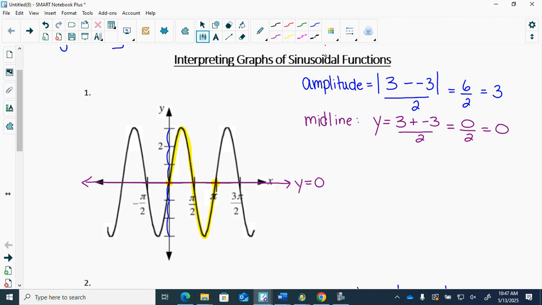Okay? So, this starts at 0, and we go till what? It's pi. We go till pi. Because this is half of a pi, it's a pi, it's 3 halves of a pi. So the period is pi.